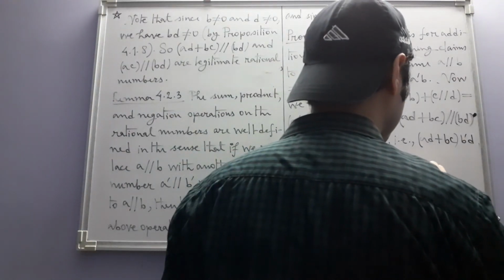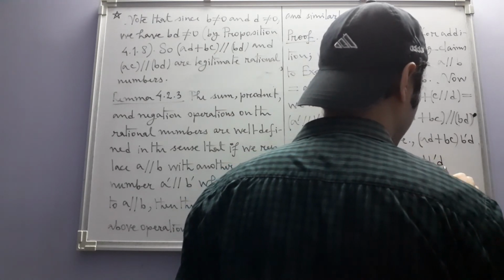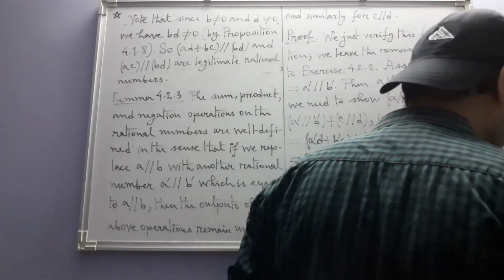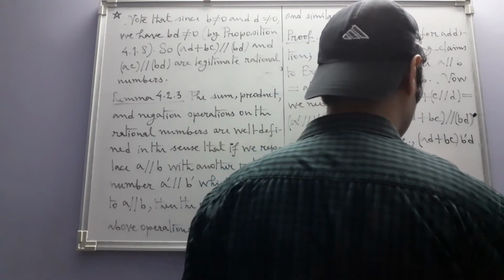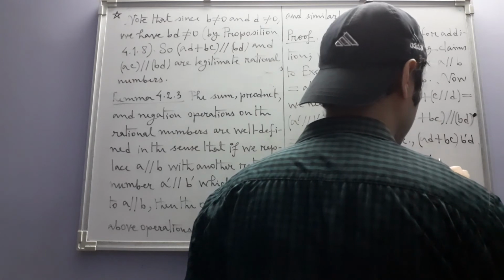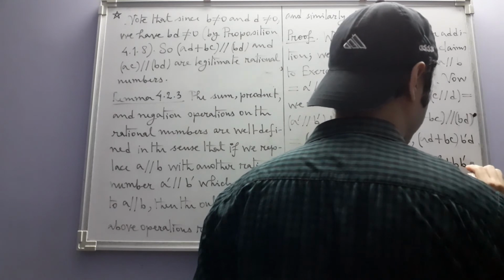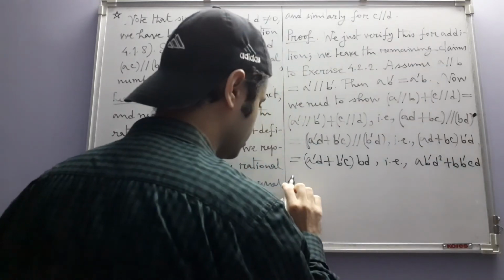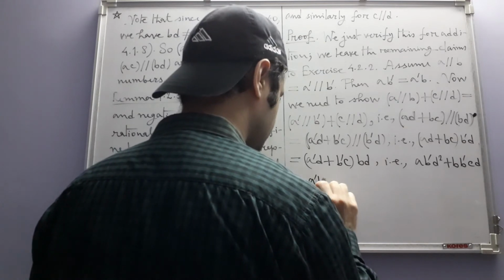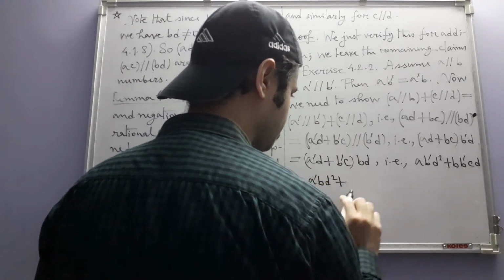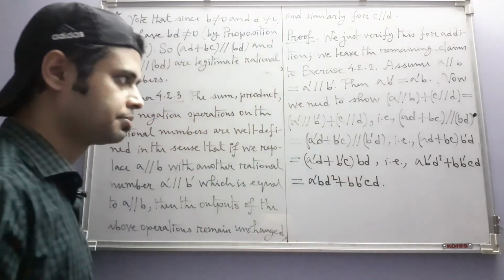So that is AD B prime D, or we can write at once A B prime D square plus B B prime C D is equal to A prime B D square plus B B prime C D.